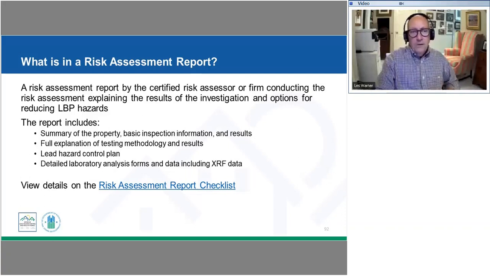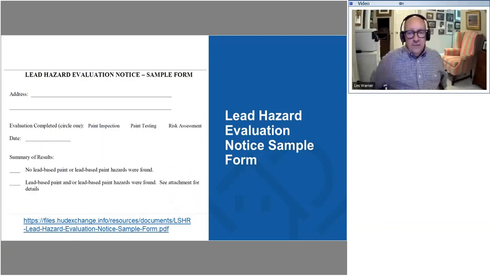So we know that as part of the lead safe housing rule we are always going to be making sure that we are disclosing information as we go along. So as part of our disclosure process is also our disclosure about the lead evaluation that has been completed.